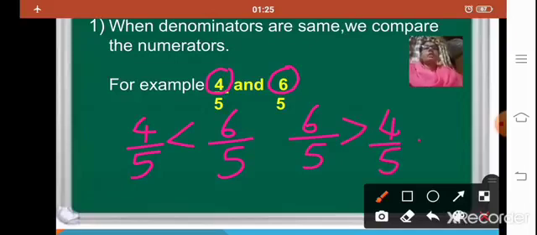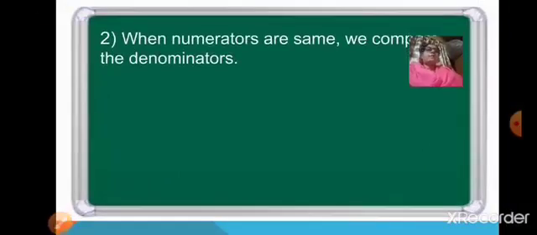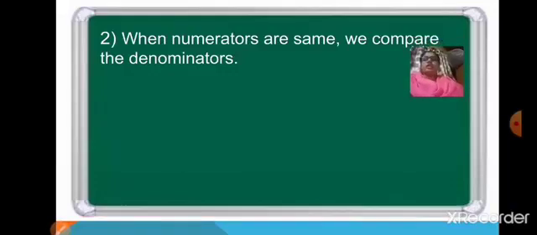So when the denominators are the same, we compare the numerators, and the fraction with the greater numerator is the greater fraction.